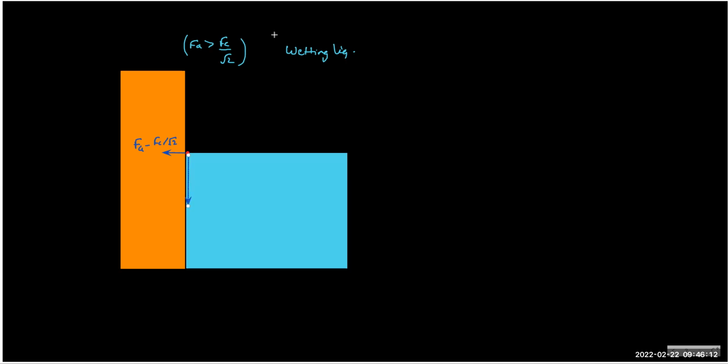I can draw a bigger vector like FC by root 2 and the resultant of the two. That is pretty much obvious. The resultant of these two is called the resultant force, we can call it FR.